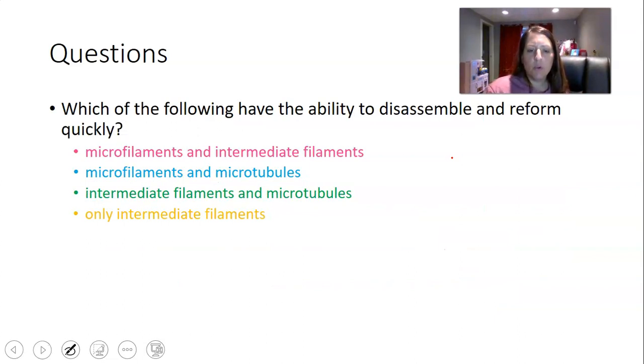Next question. Which of the following have the ability to disassemble and reform quickly? Microfilaments and intermediate filaments, microfilaments and microtubules, intermediate filaments and microtubules, or only intermediate filaments?